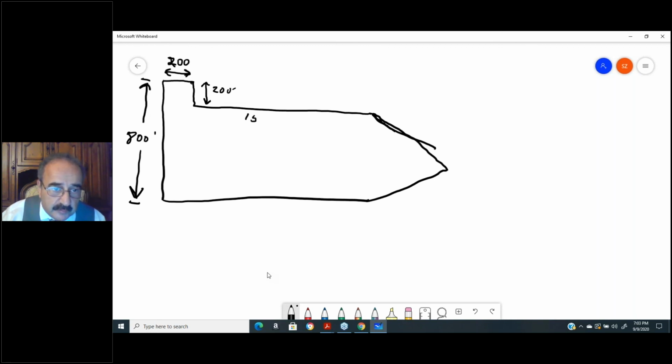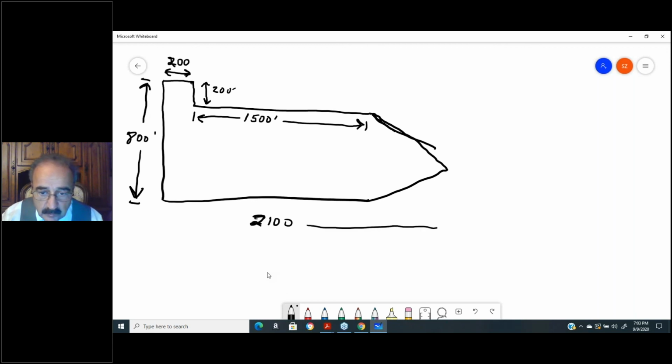It's 1,500 feet from here to here. It's 2,100 feet. This is 2,100 feet from here to here.